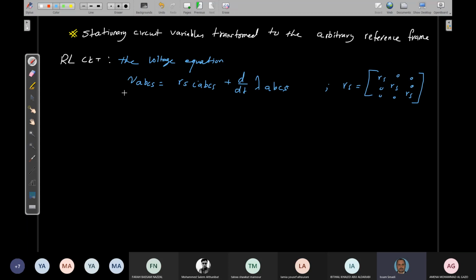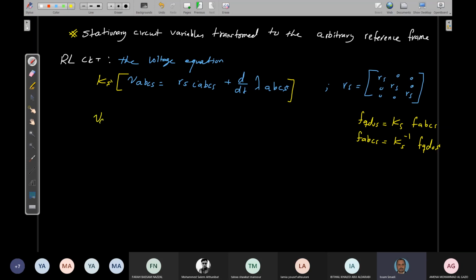What should I do? And here I will write the FQD0S, to remember it, equals KS FABCS. And if I need the inverse, then FABCS will equal KS inverse FQD0S. So the first thing, what should I multiply here? Multiply by KS. So if I multiply here by KS, automatically this one will be what?